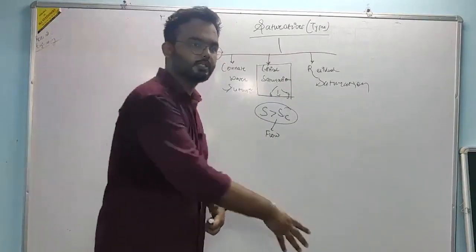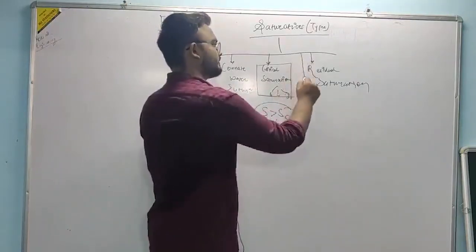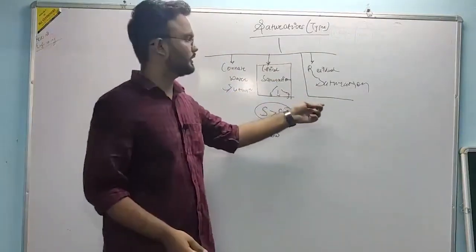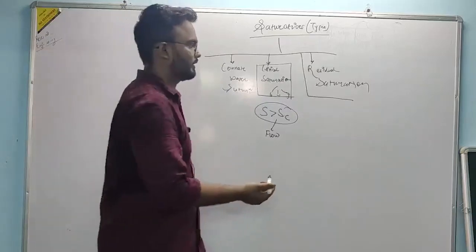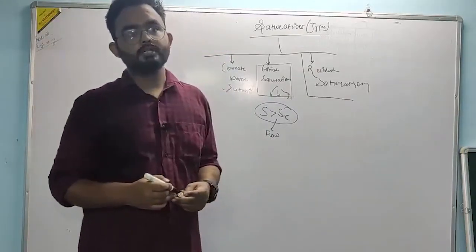If you're trying to initiate flow of a phase, we'll be talking about critical saturation, which differentiates it from residual saturation. Residual saturation is the case when the fluid cannot flow anymore at the end, when the fluid becomes immobile. So residual saturation is what we talk about with things like EOR.